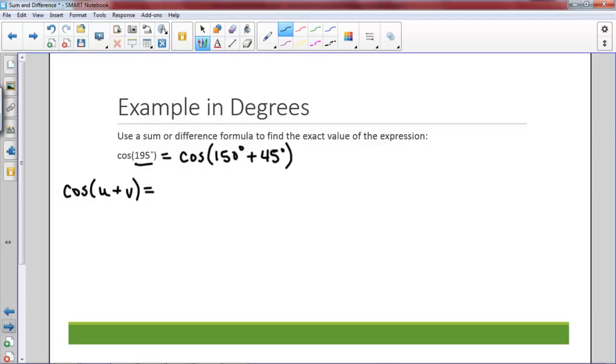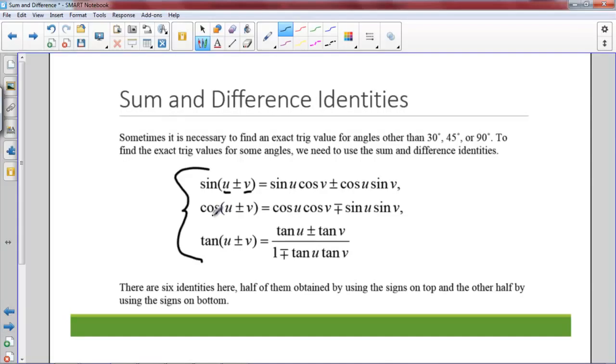So in case we forgot, if we go back to our previous screen, cosine u plus v equals cosine u cosine v. And in case you haven't seen this notation before, here I have plus, which is on top. So I need to make sure that I take whatever sign is on top right here, which in this case is subtraction.